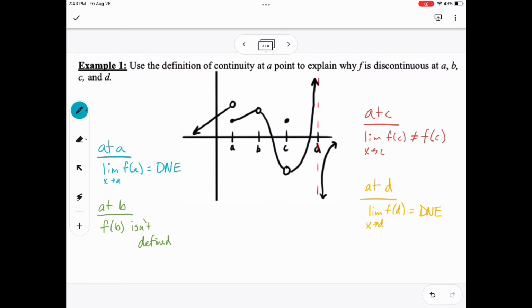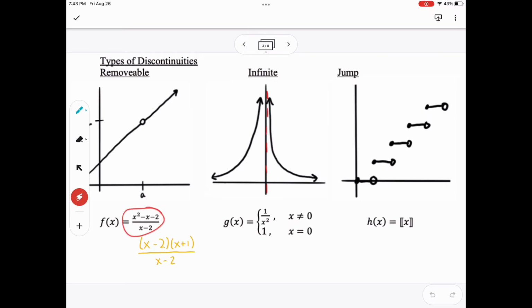Now there are different types of discontinuity. You have removable discontinuity, which we've seen already, where you are able to remove part of the function to reveal the limit of that function. So here you would be approaching -1 or +1 there, whatever that value would be. So that's removable. You can remove the open circle part to be able to find the limit.